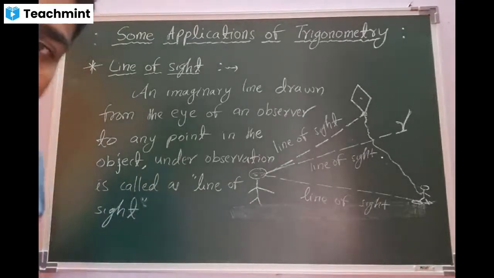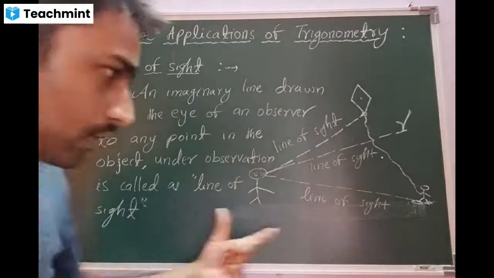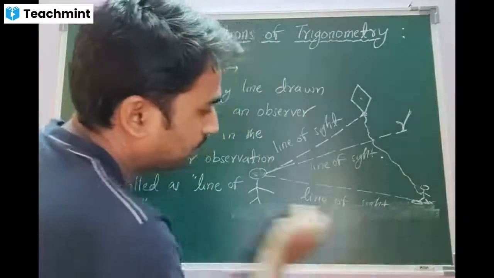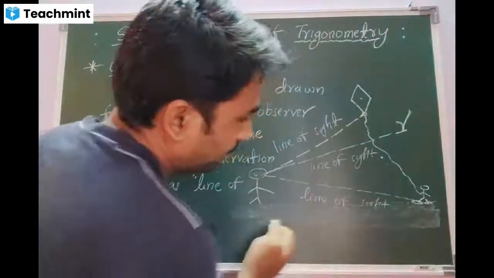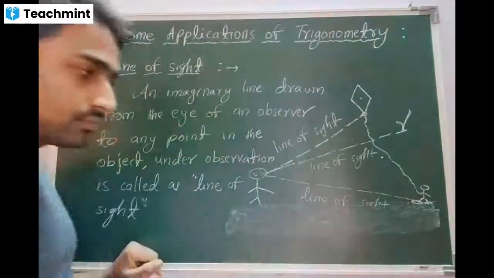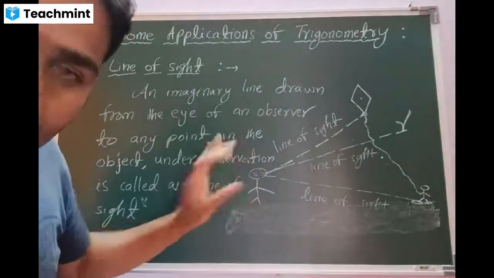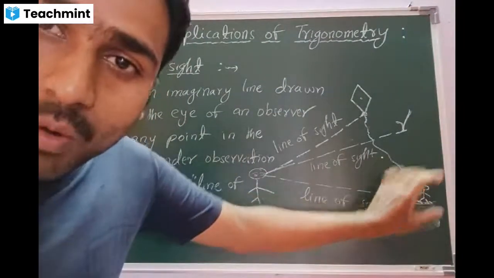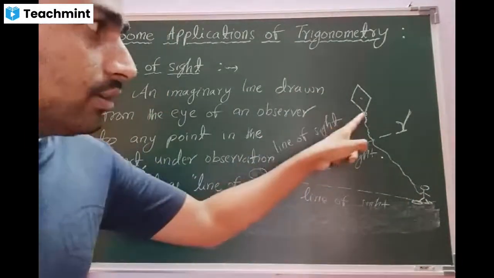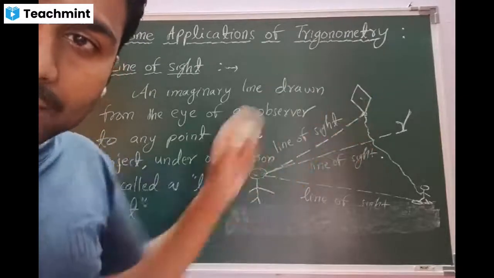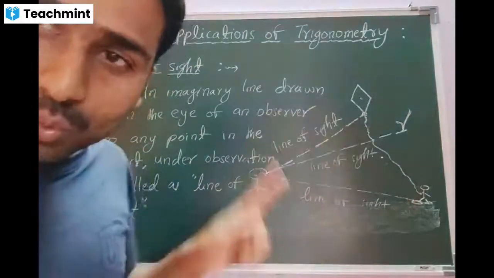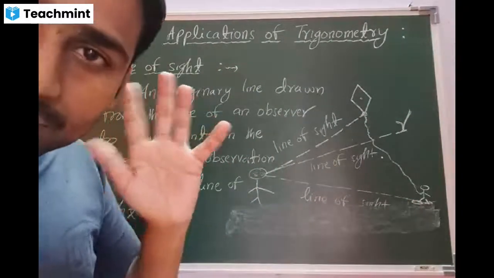Line of sight. Now, beta, below this definition, draw this diagram. Quick. Show the ground surface. One tall boy standing here. One short boy standing here, holding the kite. Initially, this boy is looking at the beginning point of the kite. Then he started looking at the ending point of the shoe.